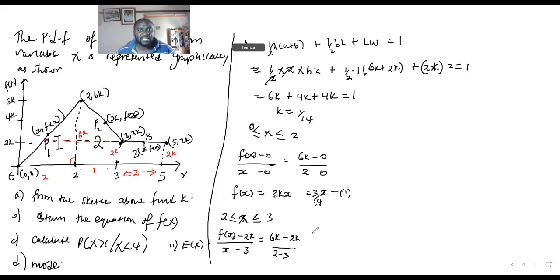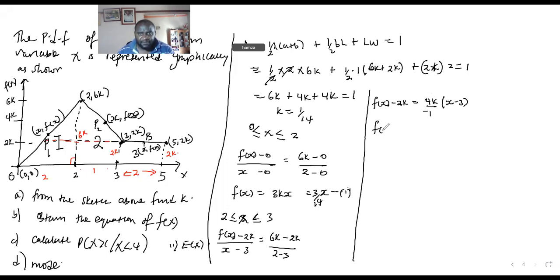People avoid using the x and f of x again. Use it once. When you use it again, you have a simultaneous equation, which will mix you very well. So on algebra, if you carry out the algebra, we shall attain f of x minus 2k is going to realize 4k out of -1 times x minus 3.